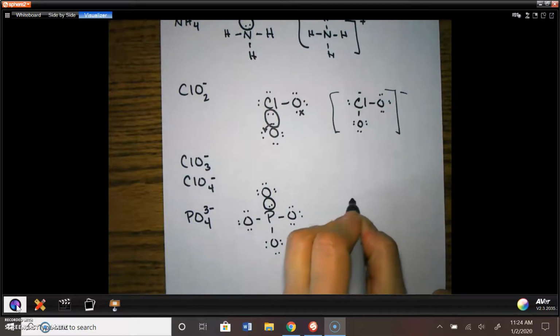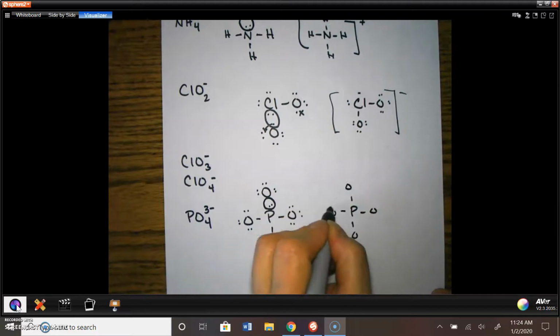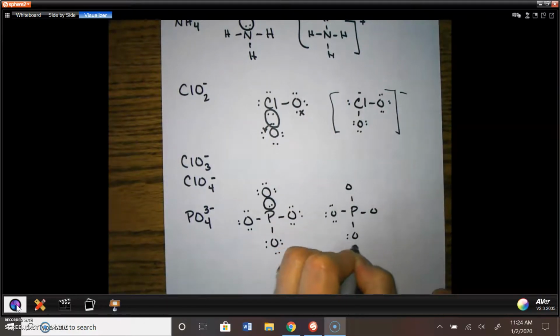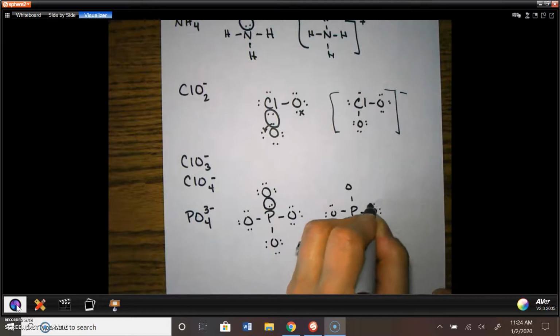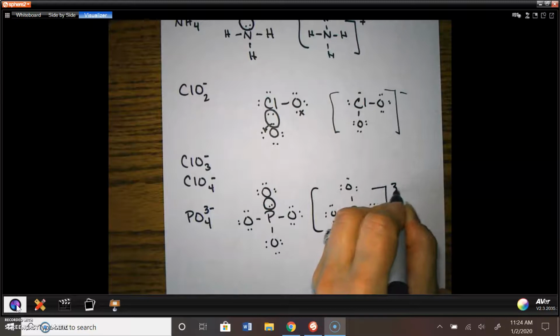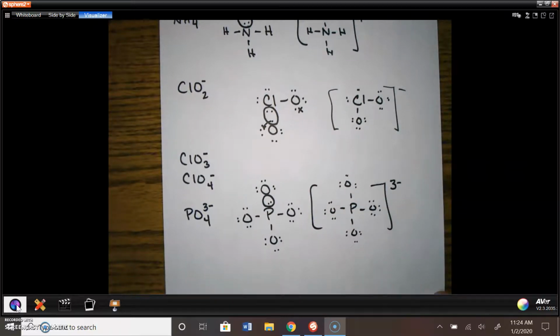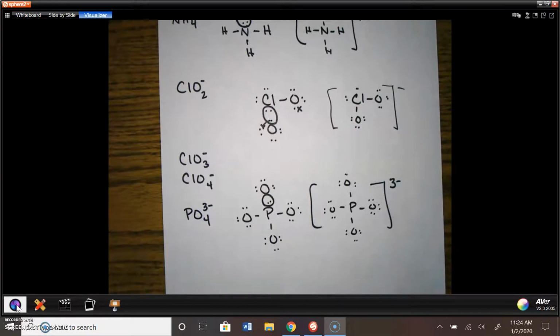In the long run, that coordinate covalent bond is not going to look any different from what you had with the other three bonds: 3 pairs of electrons around each oxygen and a bond to phosphorus. Notice that in all of these cases, the octet rule has been satisfied. That's the important thing.